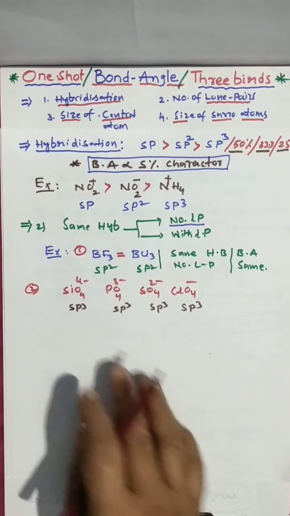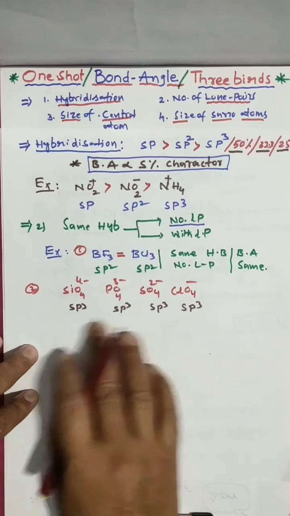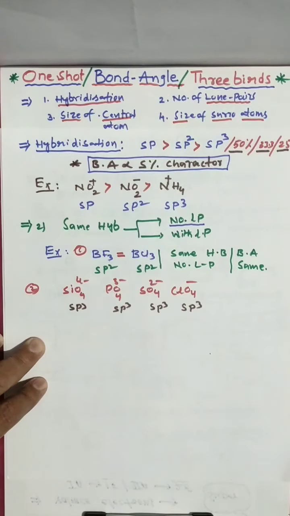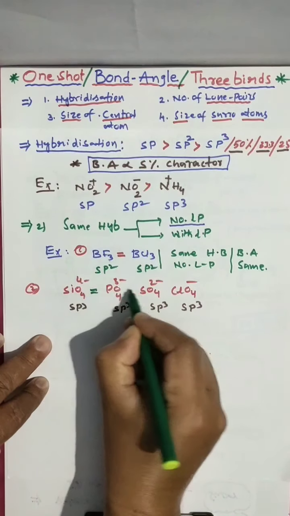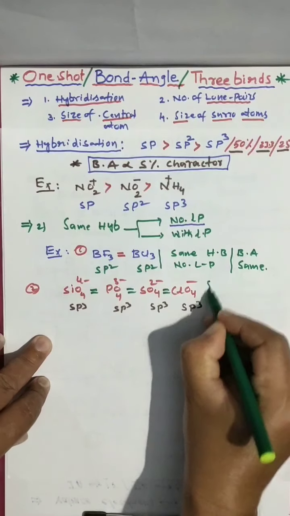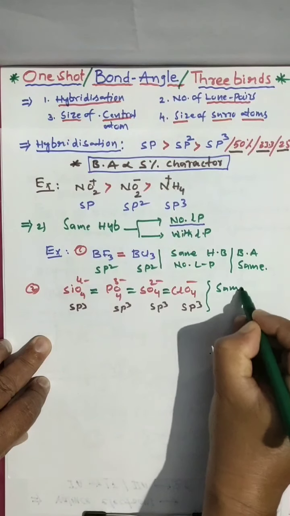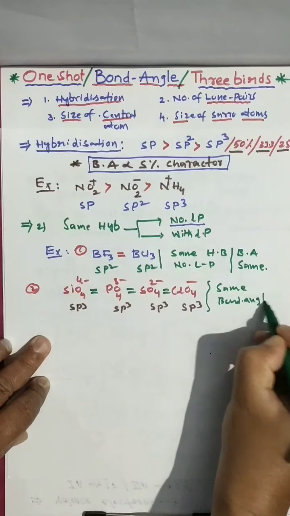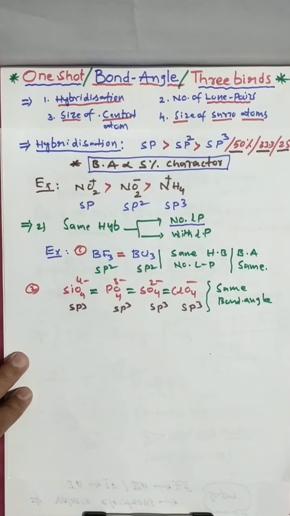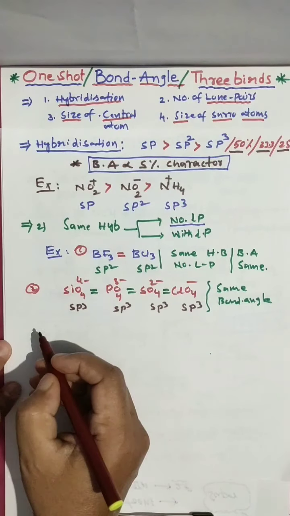So lone pairs are the same, no lone pairs. Hybridization is same, so they have the same bond angle. So 2 conditions I completed.